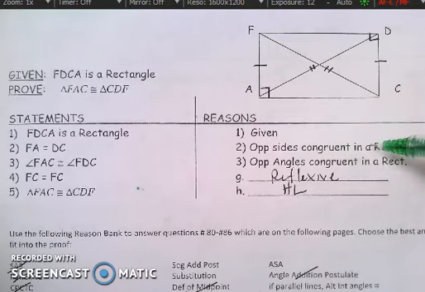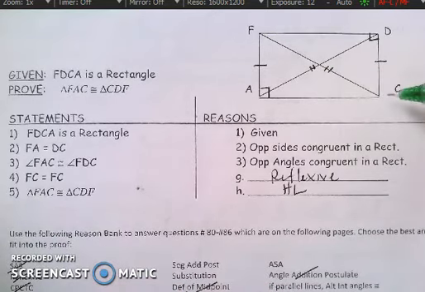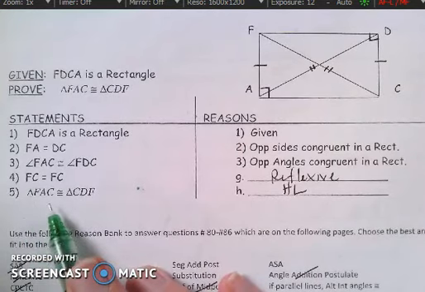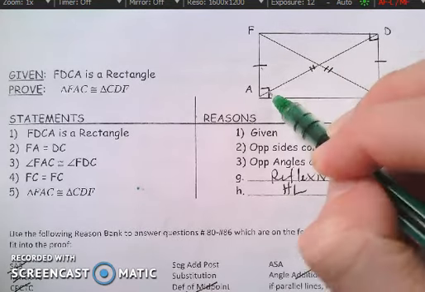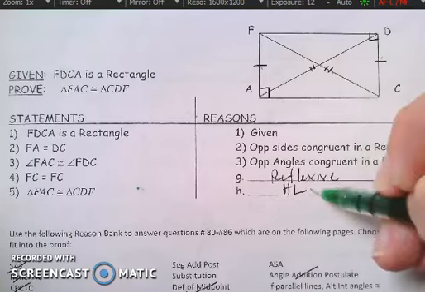Opposite sides and opposite angles in a rectangle are congruent, so that's how we got those two reasons. Then FC is equal to FC, that's the reflexive property. And then we know that triangle FAC, so we proved hypotenuse, leg, and we had a 90. And then we have hypotenuse, leg, and 90, and that's how we get HL.